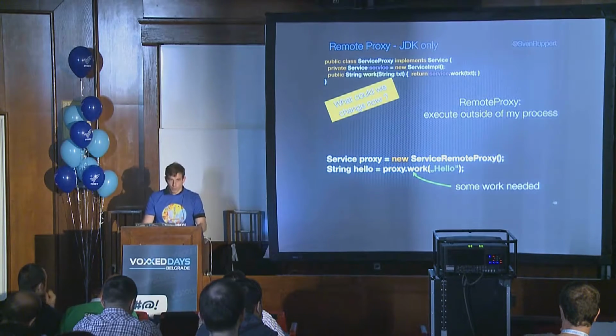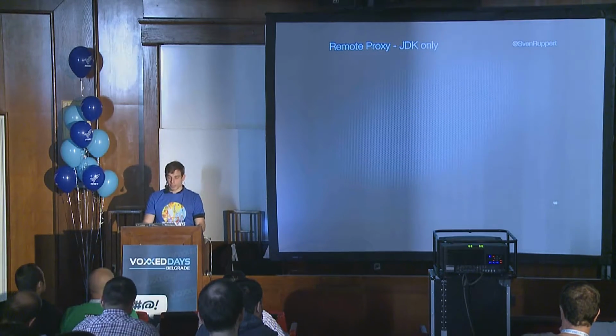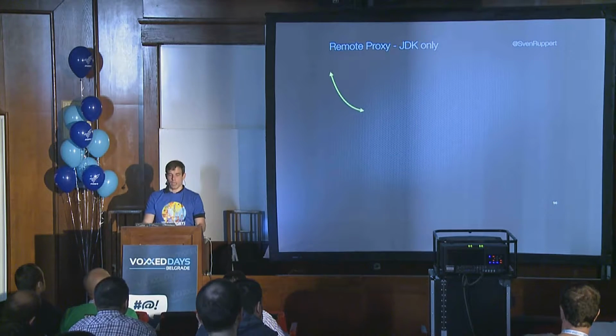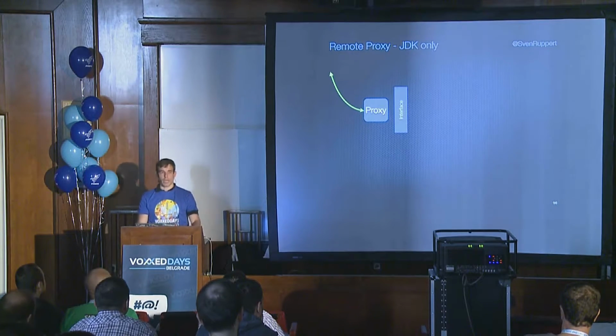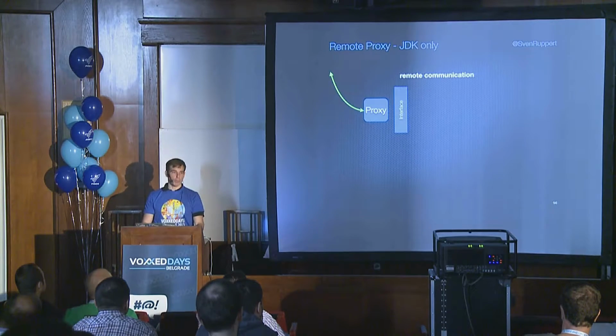But to reach this goal, we need some work. This work is mostly technical stuff. There's a request coming in, going through the proxy. This proxy will have this interface, so it's the same for you. Then some remote communication could be done a few times, not only one time.